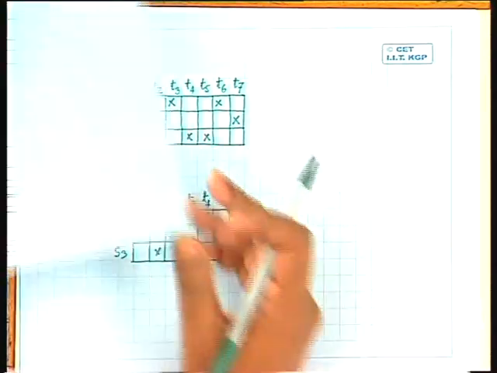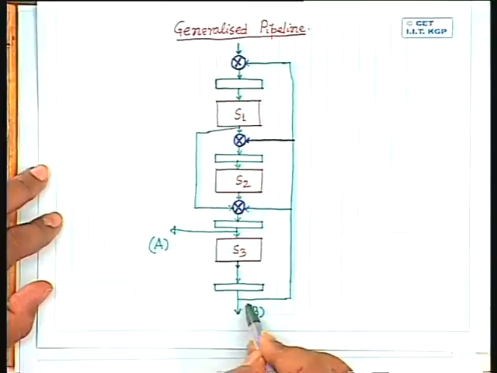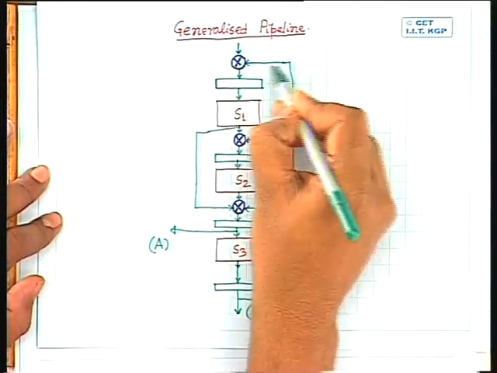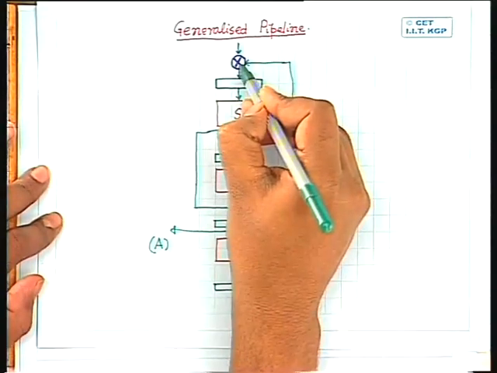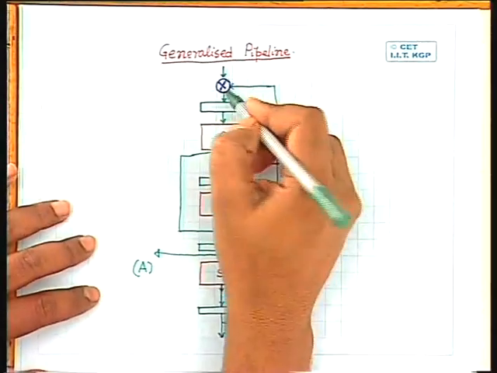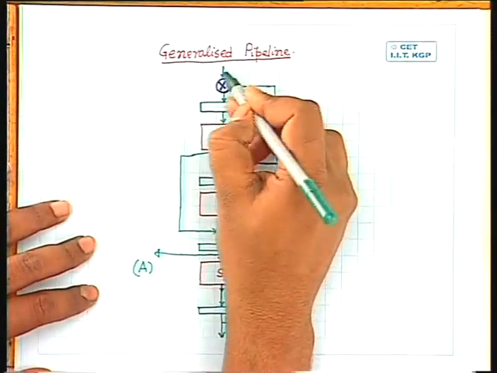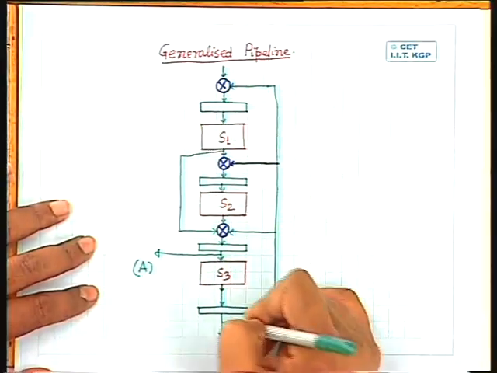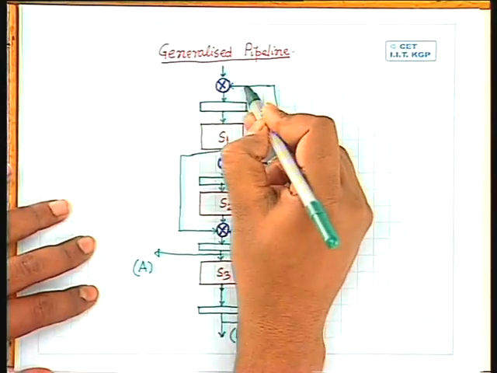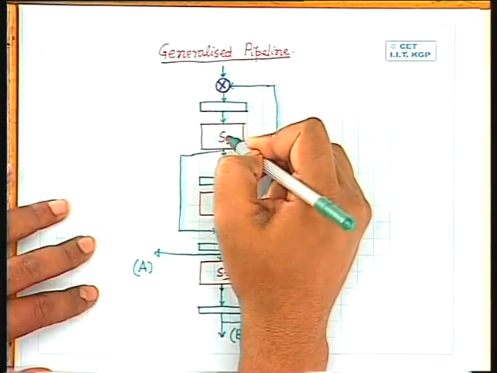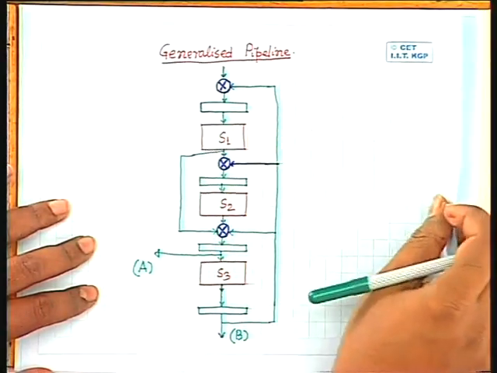So at this point, the path that is to be active is this one. And I have to set the multiplexer select input in such a way that now, instead of taking the data from the external input, it has to take the data from this feedback path. Okay. And from there, data will come to S1 and the corresponding computation will be performed.